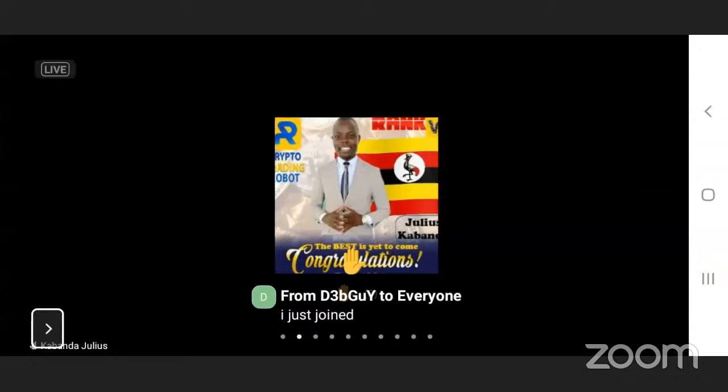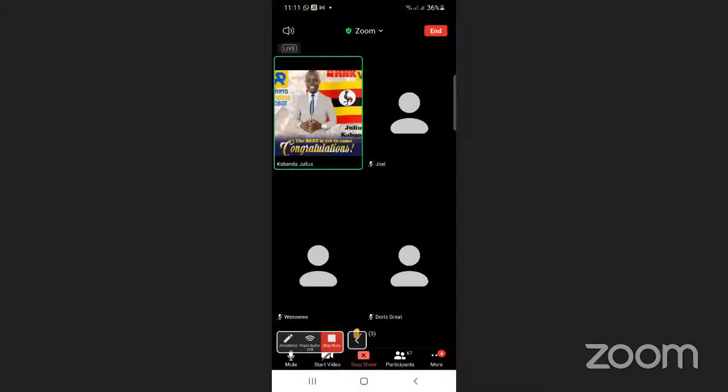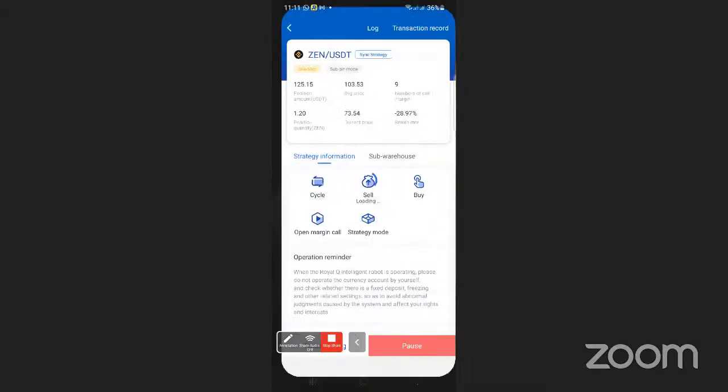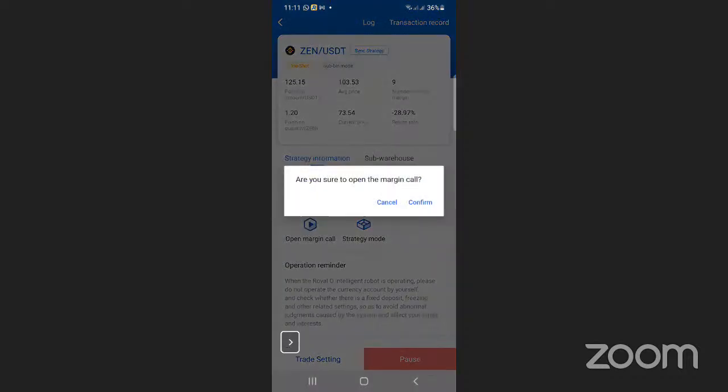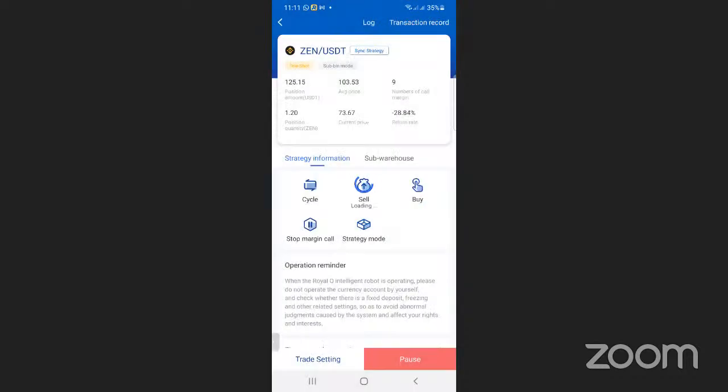Let me show you. Are you seeing my screen? Yes, I'm seeing it clear. Now, in normal trade, this is how your coin looks if you open. Now, if I want to change a strategy, and I have enough USDT in my Binance, I'll come here and I tap on one shot.